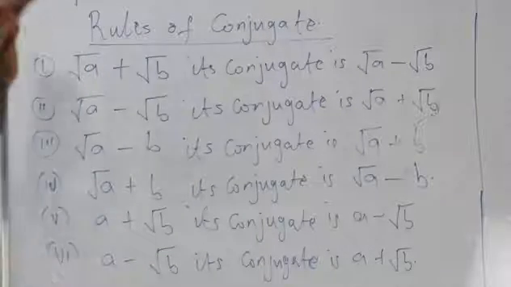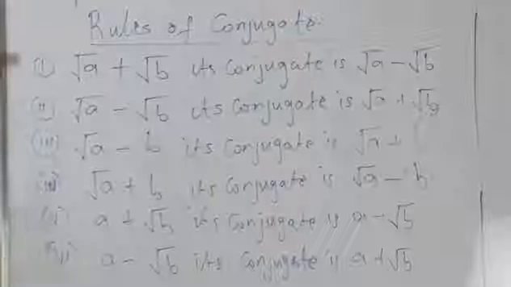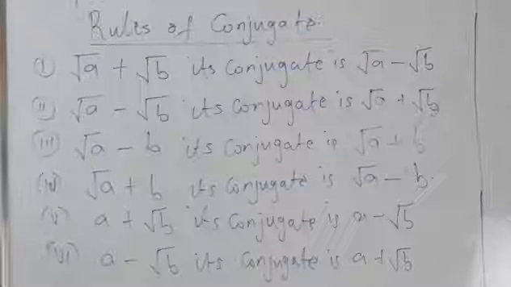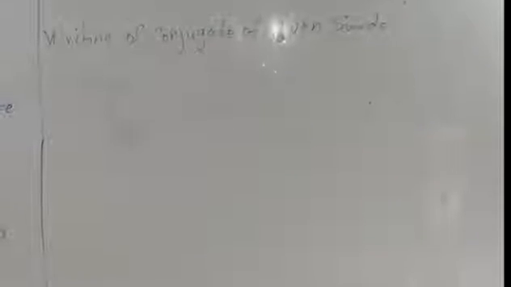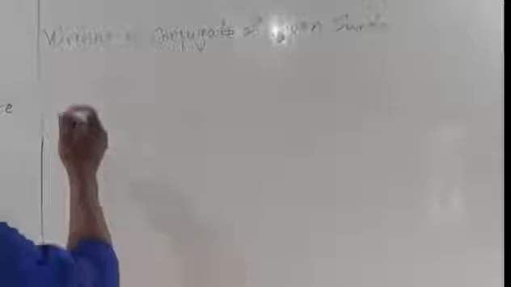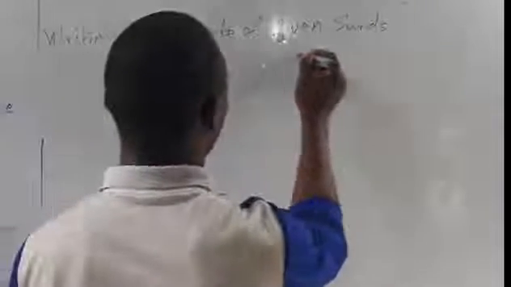So we move to the next subheading, which is writing the conjugate of a given surd. After the rules of conjugate, we move to writing the conjugate of a given surd. We have some examples that we are going to consider under this heading.